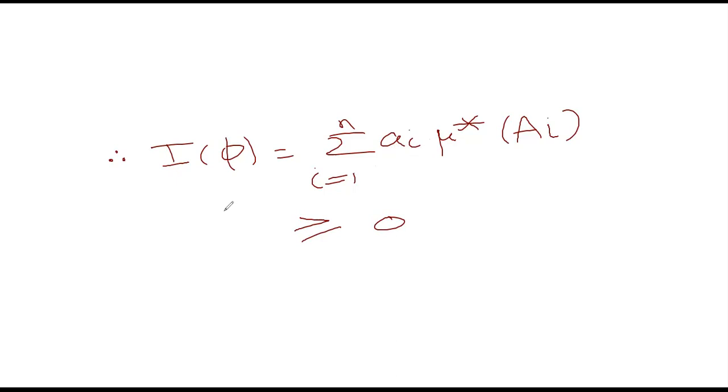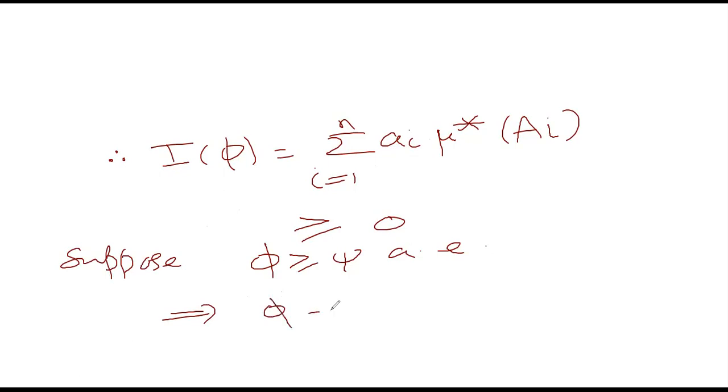Okay. So now suppose phi is greater or equal to psi almost everywhere. This implies phi minus psi is greater or equal to 0 almost everywhere. Then you can apply this part because phi minus psi is a step function.